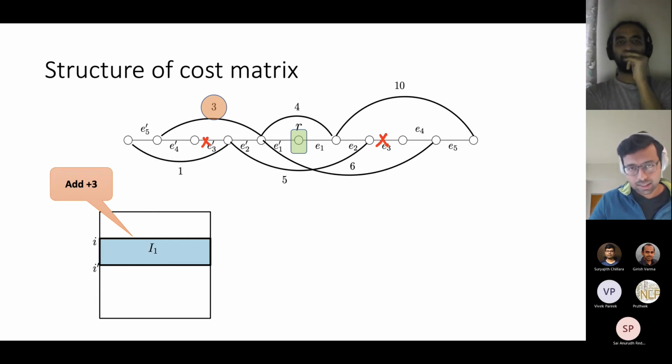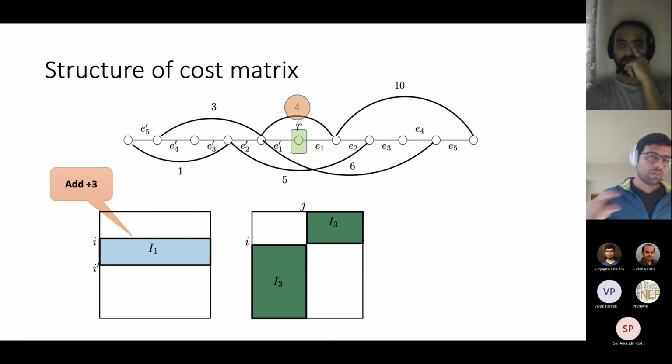The other kinds of two respecting cuts are not going to count that edge 3 at all. So it's just a row operation where you can do anything on the column space, which is the right side of the tree, and only I to I prime on the row space. This is where you add 3.